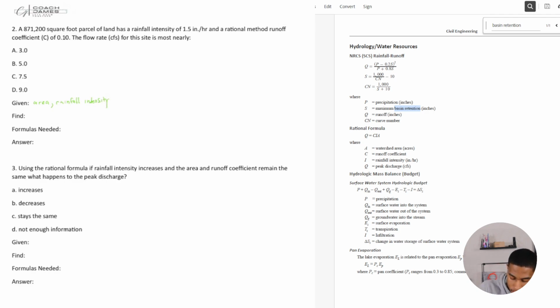So we have a coefficient, and it's the rational method coefficient, and that's pretty much it. And then we're trying to find the flow rate for this site.